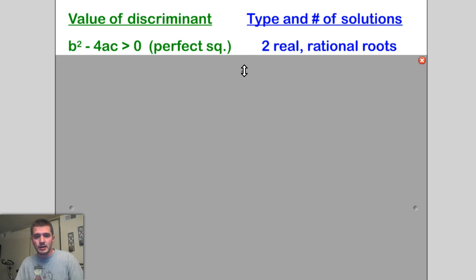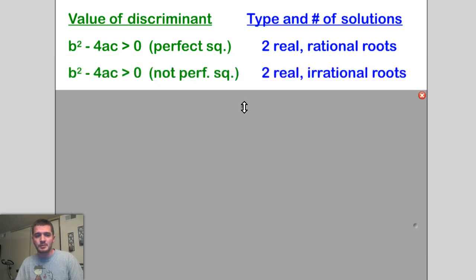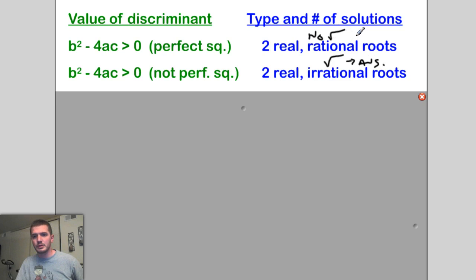The next set is going to be when the discriminant is greater than 0 but not a perfect square. You'll have 2 real but irrational roots, meaning that there's going to be a square root in the answer. This means that there's a square root in the answer, and this other one is no square root in the answer. Hopefully that's a little bit clearer.